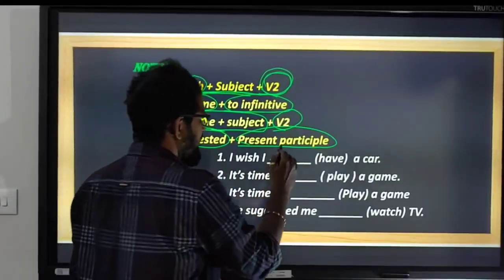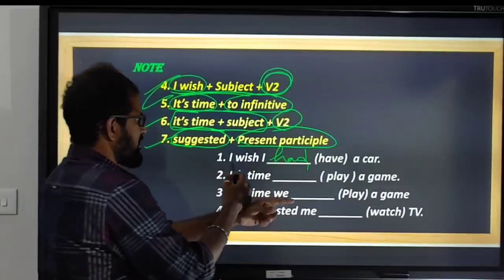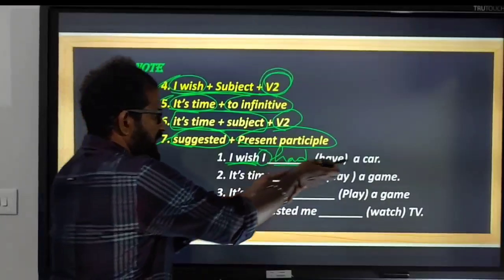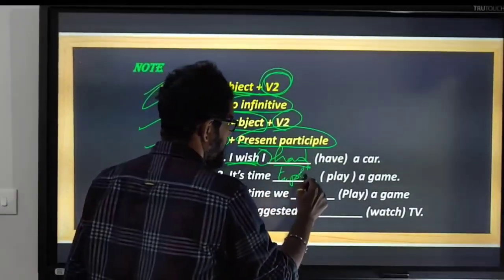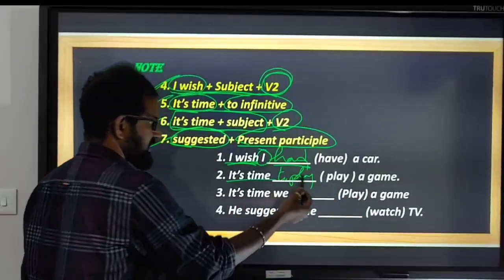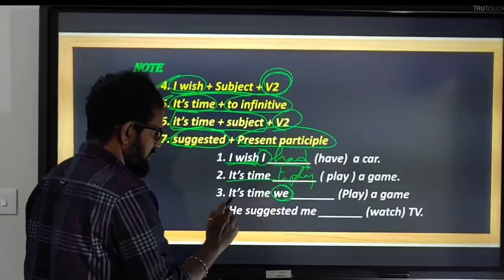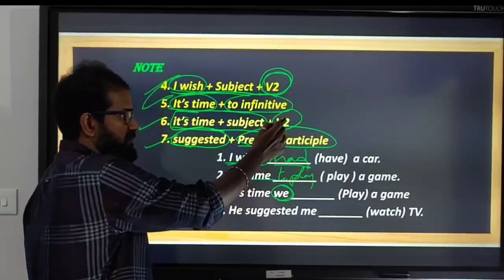I wish I had a car. After I wish and then a subject, we say V2, had a car. It's time to play. Again, after it's time we use to infinitive. It's time, subject. Then we need to fill the blanks with V2.